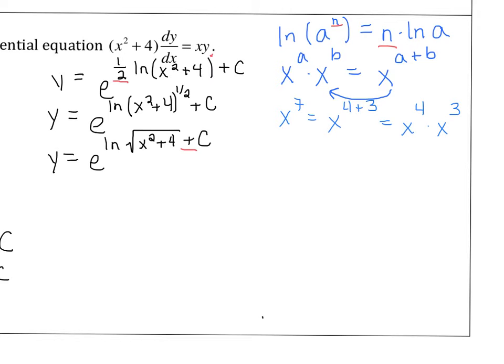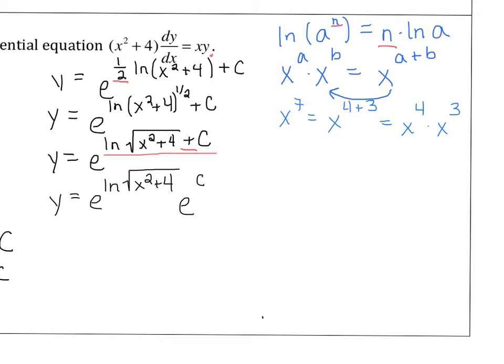I have a sum of exponents, so I am going to go from a single base with a sum of exponents to two like bases, each with those exponents. So e to the natural log of x squared plus 4, to the 1/2, times e to the c.